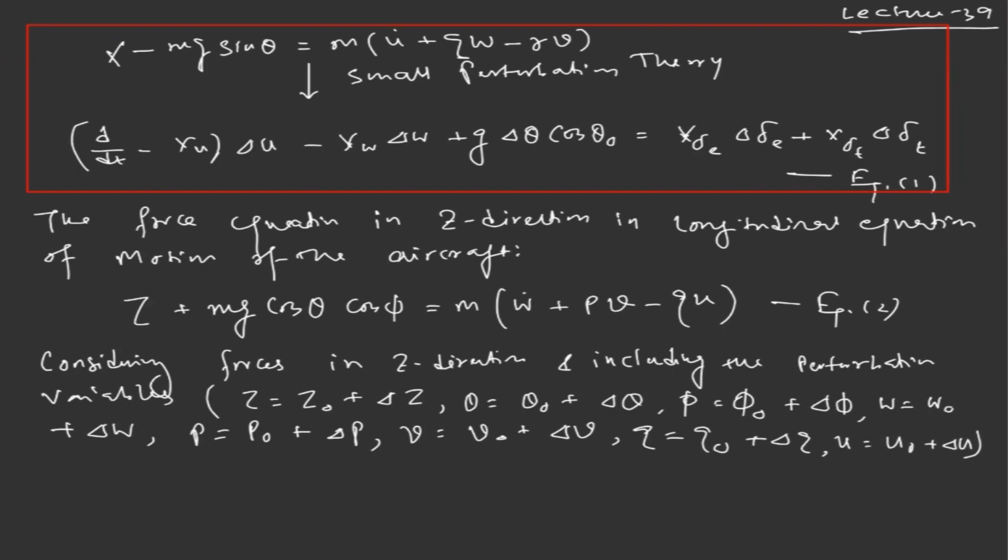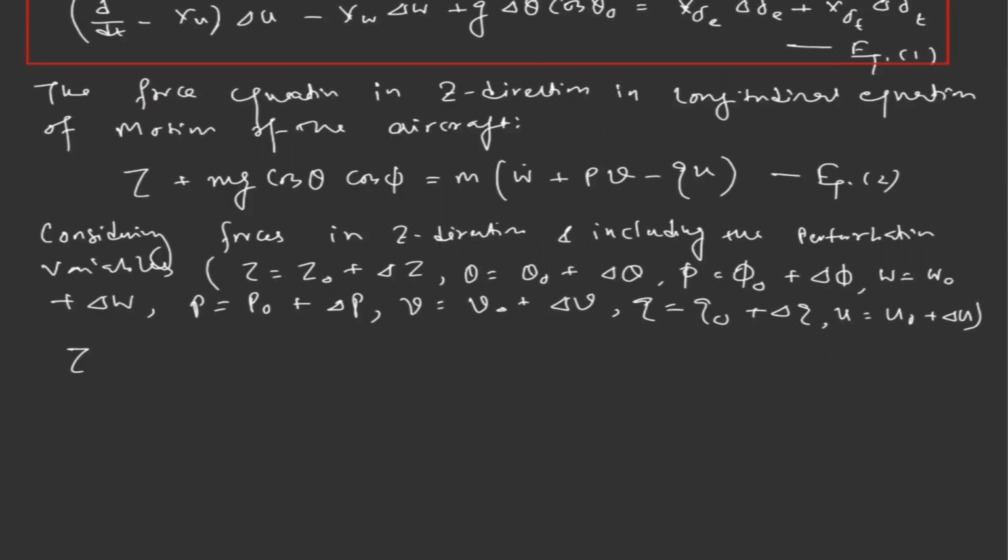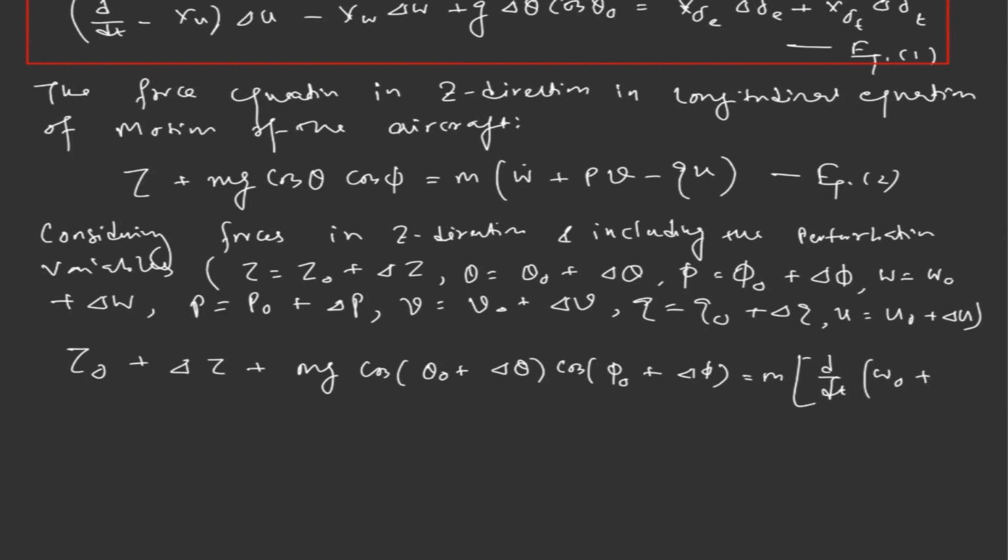Including these perturbations in equation 2, the equation 2 can be written as Z naught plus del Z plus mg cos(theta naught plus del theta) and cos(phi naught plus del phi) equal to m into d/dt of (w naught plus del w) plus (p naught plus del p) and (v naught plus del v) minus (q naught plus del q) into (u naught plus del u).